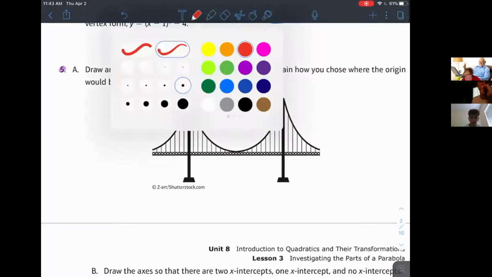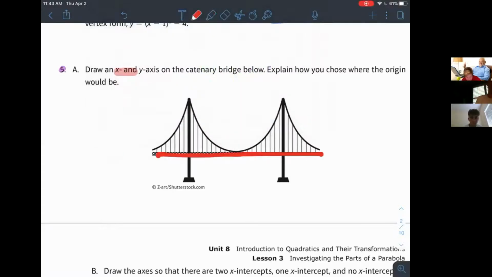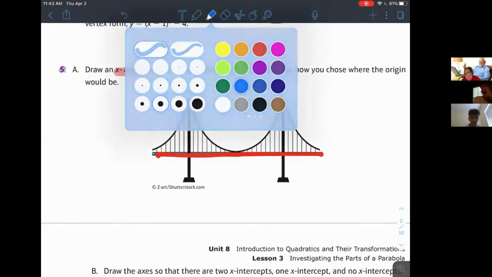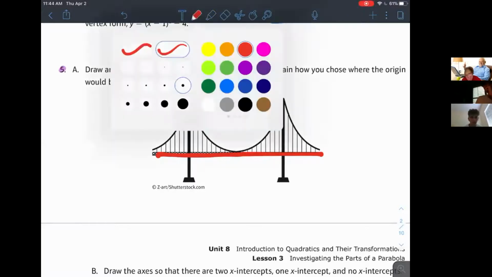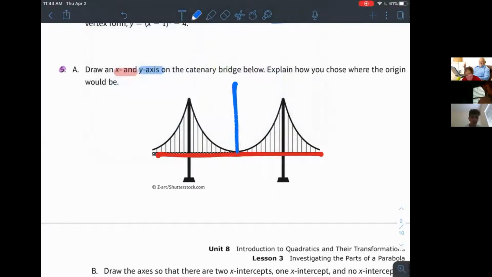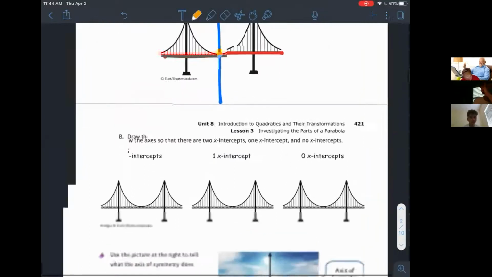Make this a little bit thicker. Boom. And my y-axis I'll do in blue. Cool. Now explain how you chose the origin. I basically chose the origin to be right on my vertex. So that's just kind of a practice in drawing x and y intercepts, axes, excuse me.